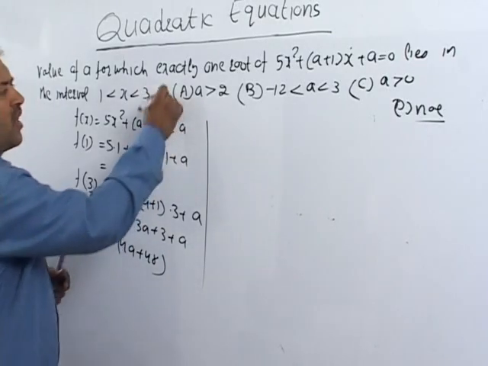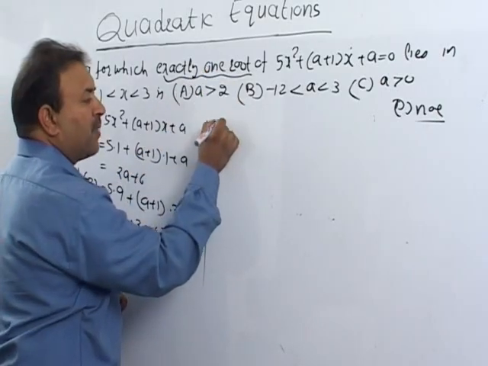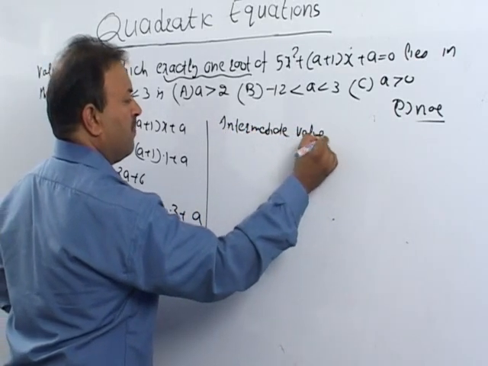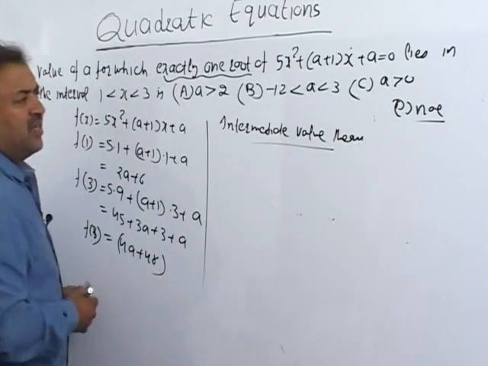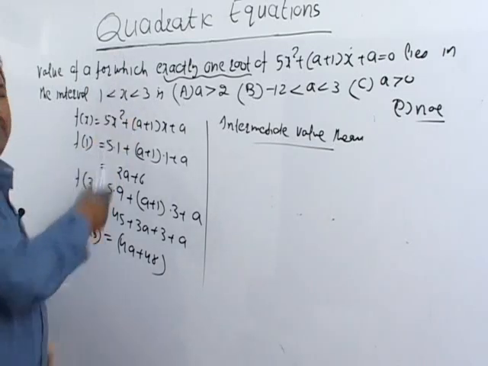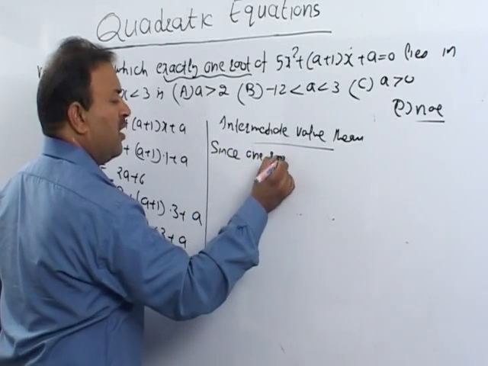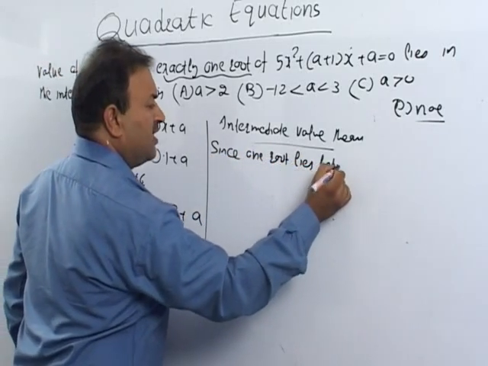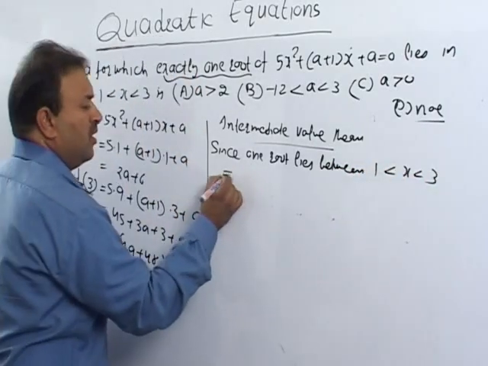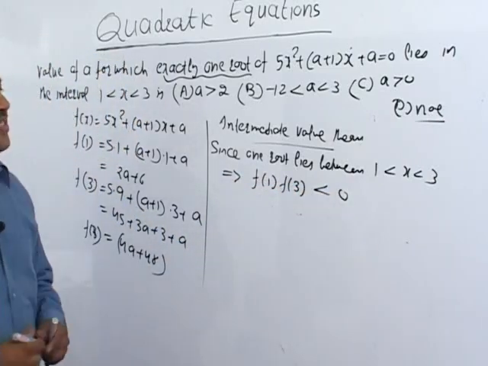Now we have been given exactly one root. It means we are applying the intermediate value theorem. Since one root lies between 1 and 3, we can conclude that f(1) into f(3) must be less than 0, because 1 is odd.